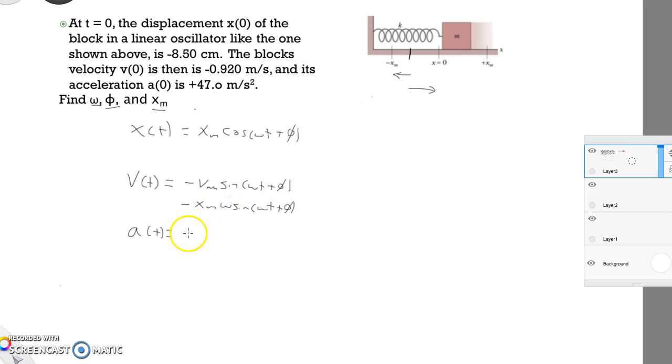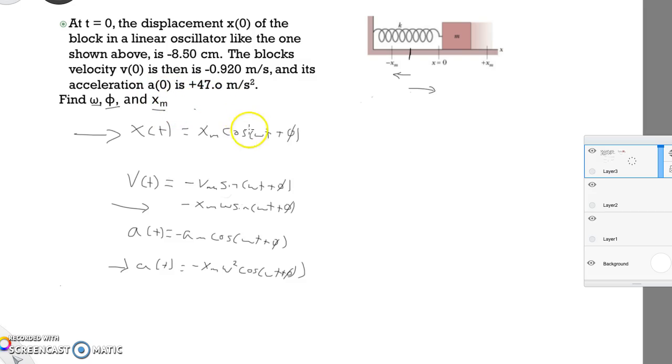And then acceleration is negative a sub m cosine omega t plus phi, which is equal to negative x sub m omega squared cos omega t plus phi. Okay? And we're going to use these to find the missing values.